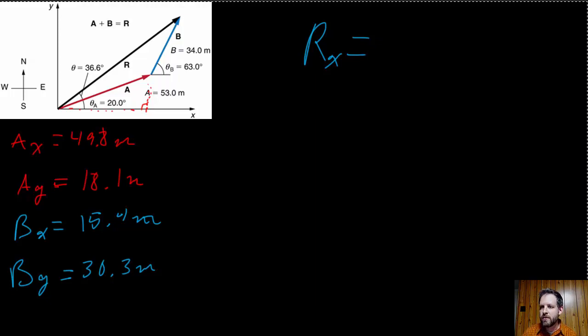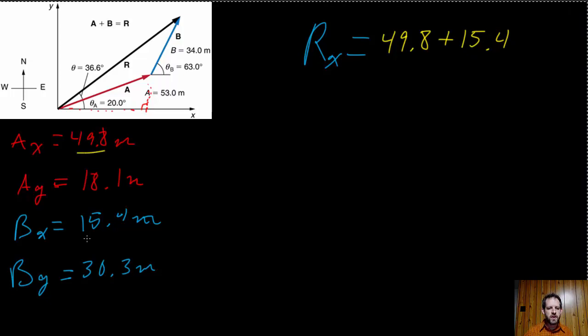We'll make r be yellow because you're not gonna be able to see black. So that is 49 and 8/10 plus 15 and 4/10. So that's our x parts, this one and this one. When you add those together, you end up with 65 and 2/10 of a meter.